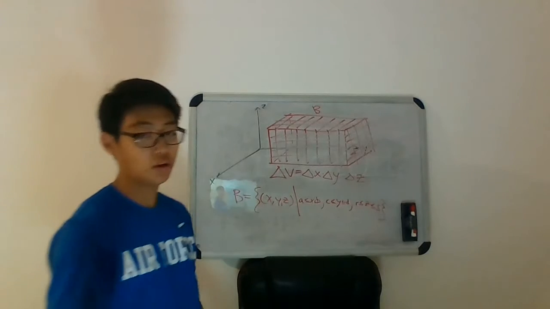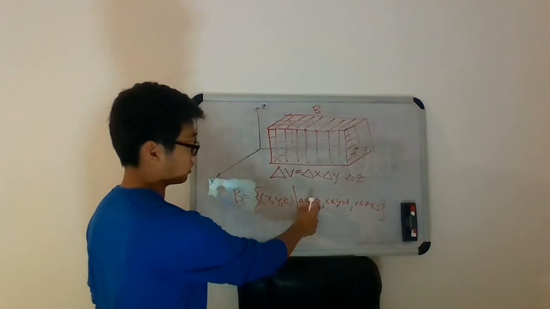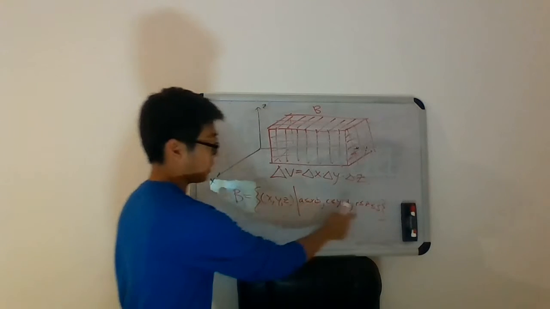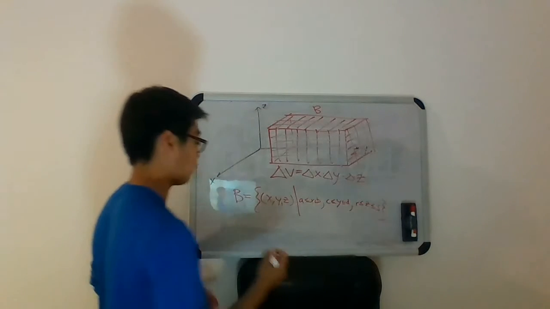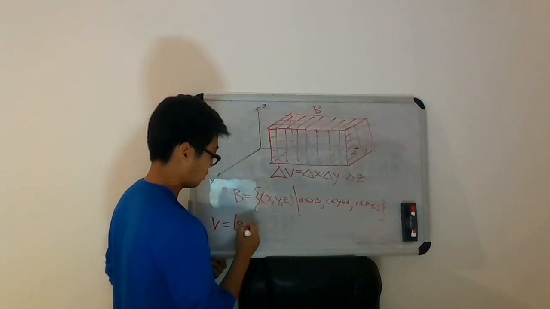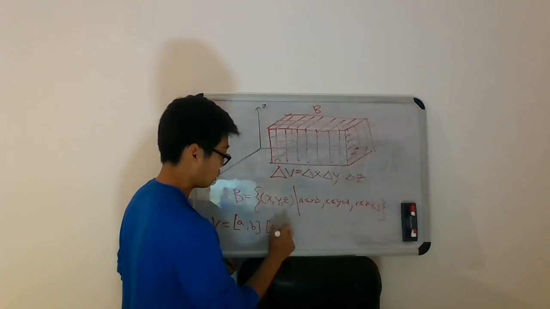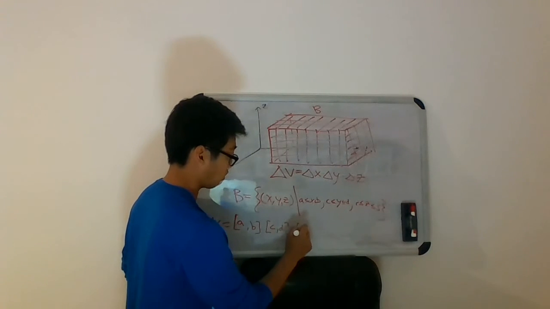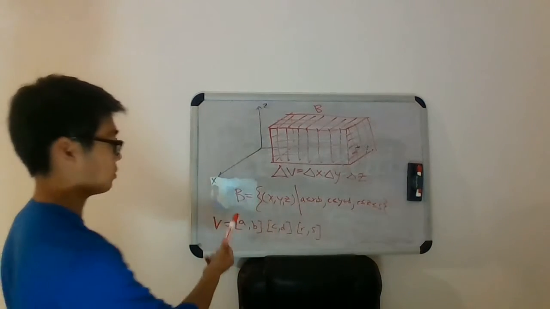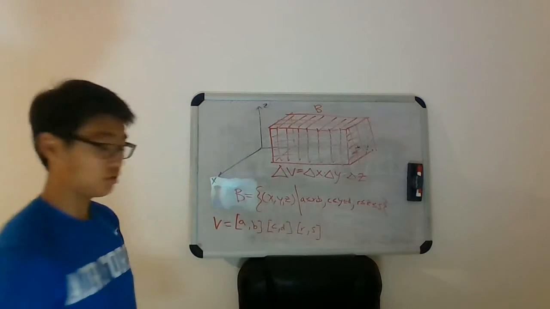And since I stated earlier, the x-axis is bound between a and b, y is bound between c and d, and in the z direction it's bound between r and s, we can all agree that the volume can also be written as (a, b) times (c, d) times (r, s).